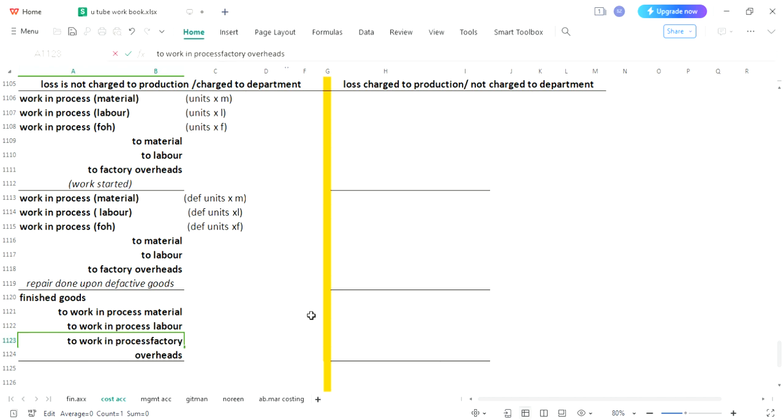We can take this factory overhead as FOH.